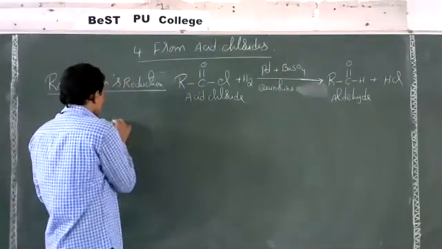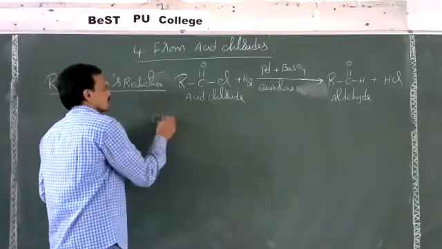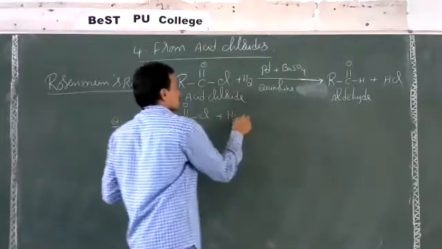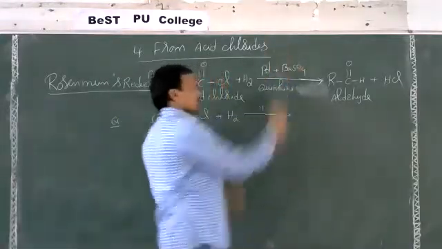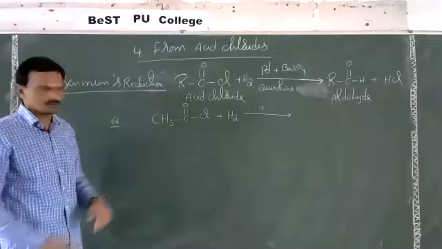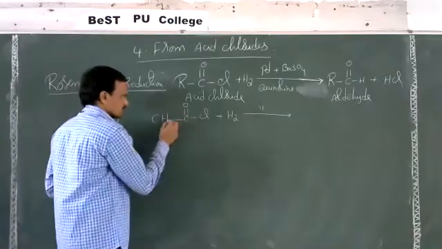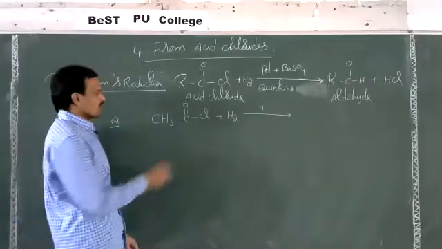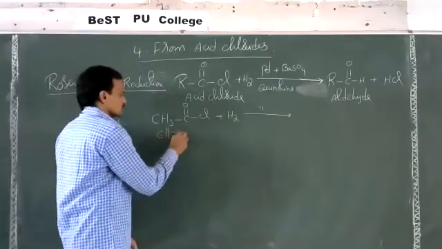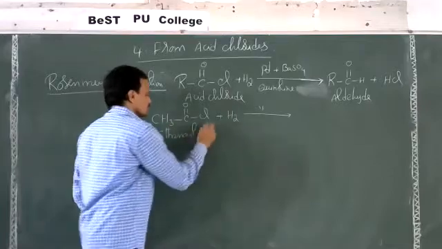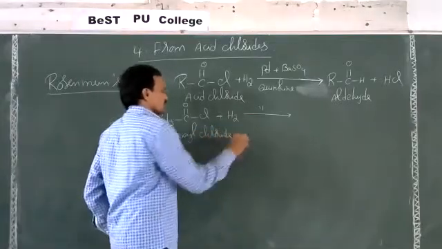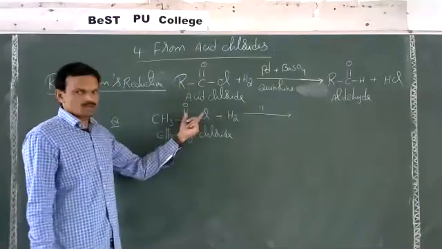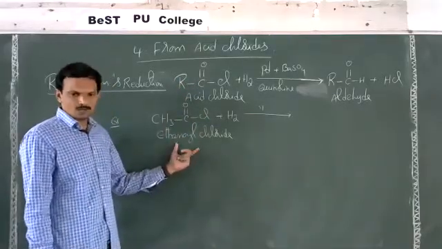Let us see some examples for this. CH3COCl plus H2, in the presence of palladium, barium sulfate and quinoline or sulfur containing compound. What is the name of this compound here? This is nothing but acetyl chloride, or ethanoyl chloride. Acetyl chloride is the common name. Ethanoyl chloride is the IUPAC name.